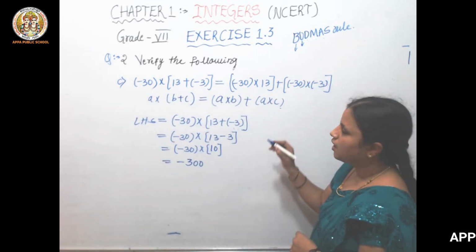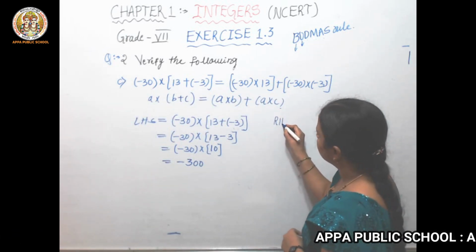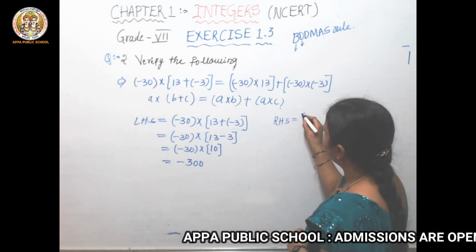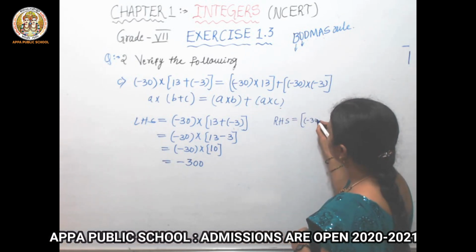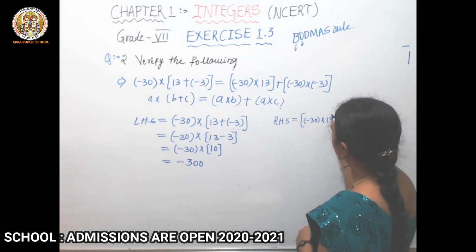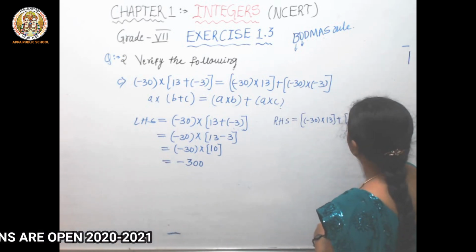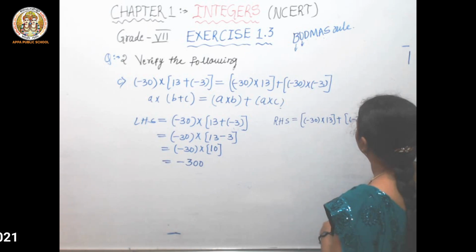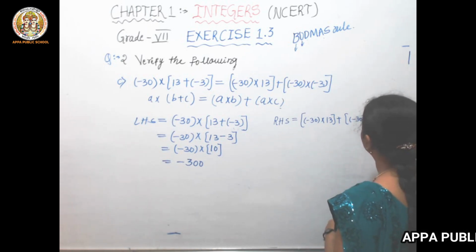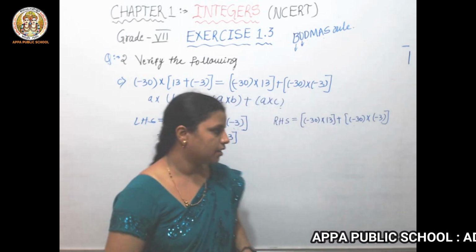The next is RHS. What we are having in the RHS: minus 30 into 13 plus minus 30 into minus 3. See here.